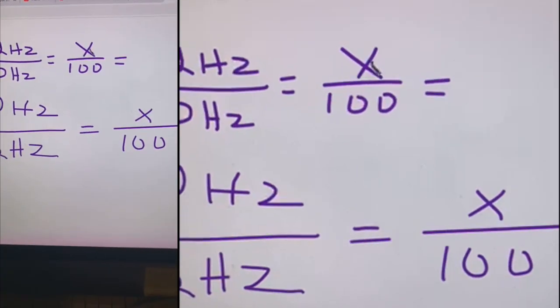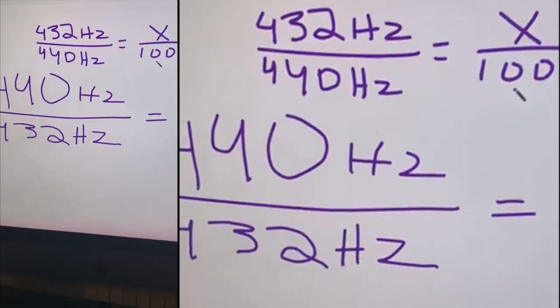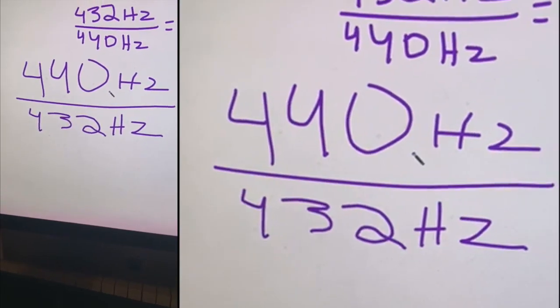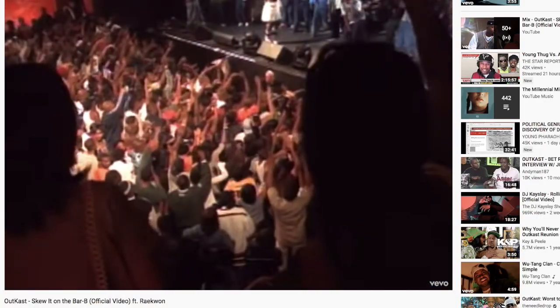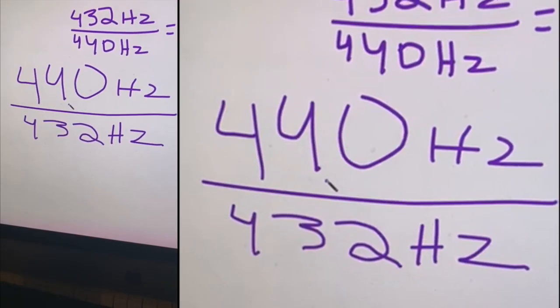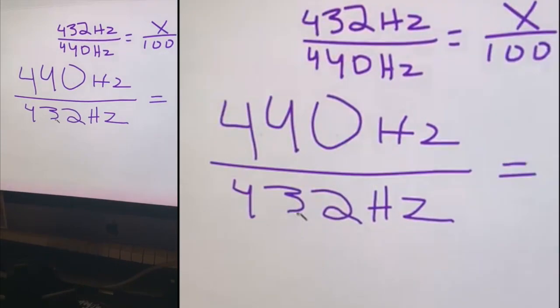Everybody knows that from Outkast, talking about numerators: the common denominator, a numerator. In this one, the numerator is 440 hertz and the denominator is 432 hertz.